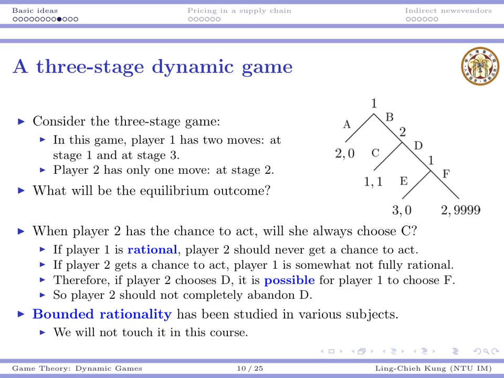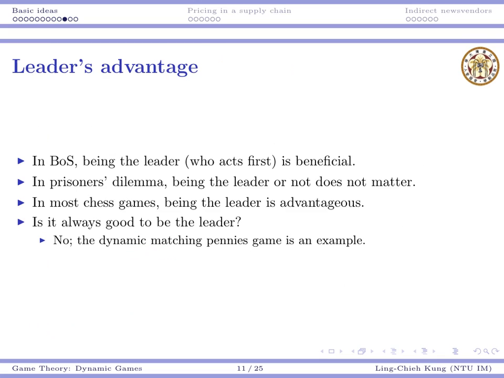Just keep in mind that even though we assume people are fully rational, that's not the whole story about game theory. People have studied bounded rationality with all these theories and models. Anyway, just forget bounded rationality. It's not a topic in this course.